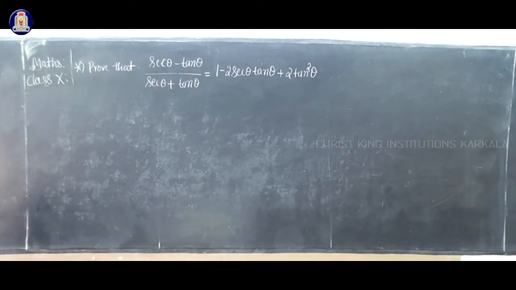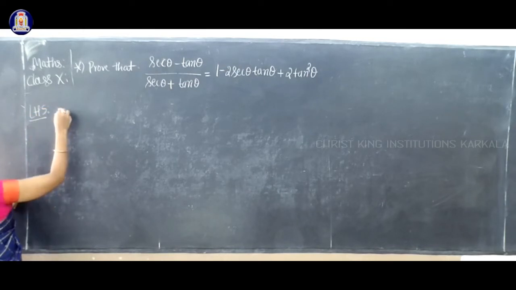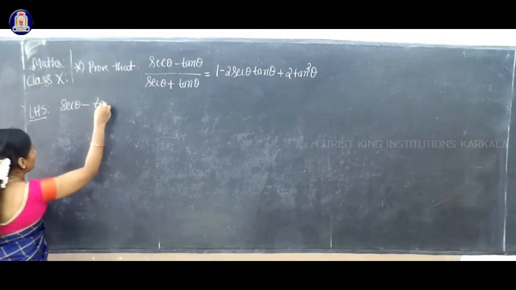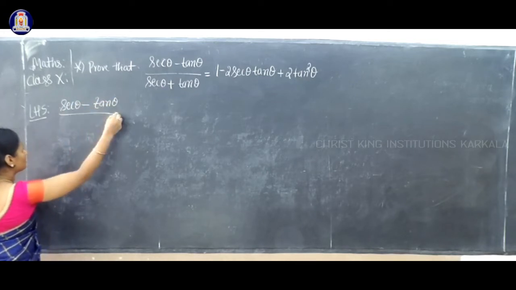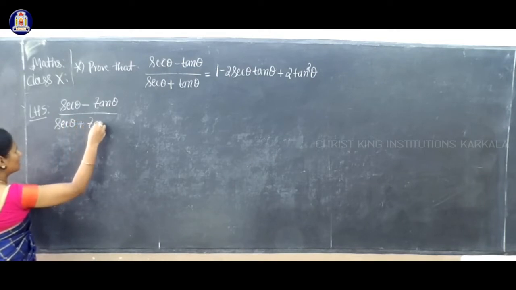Now take LHS side. So what is the LHS side? LHS side is (secant theta minus tan theta) divided by (secant theta plus tan theta).